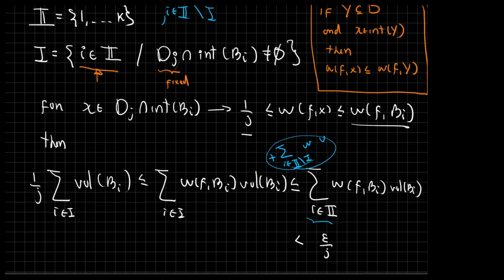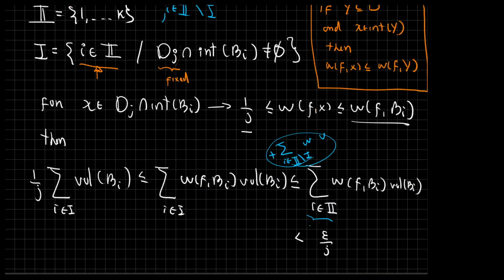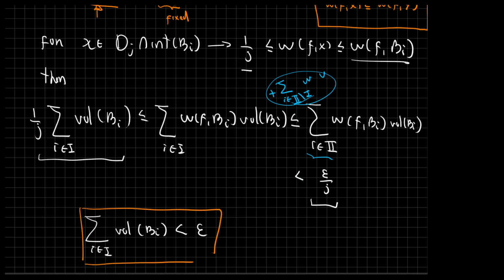And then by hypothesis, recall that this was true, so this is certainly less than epsilon divided by J. So this implies that this volume will be less than epsilon. So we have this here.